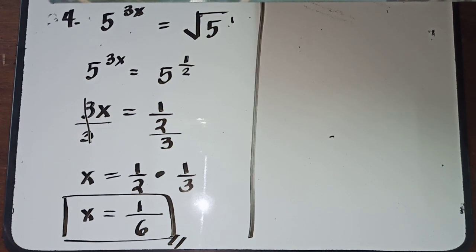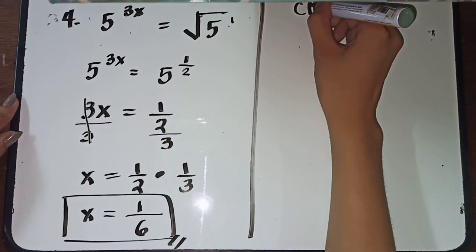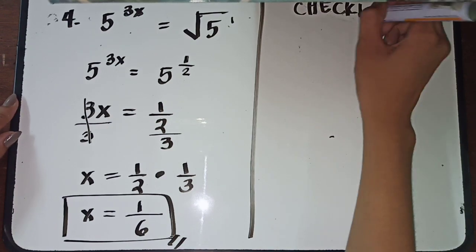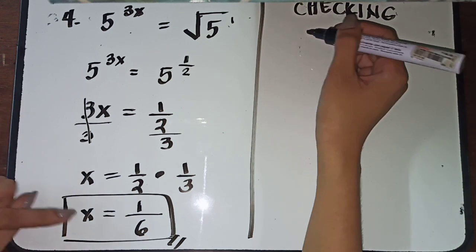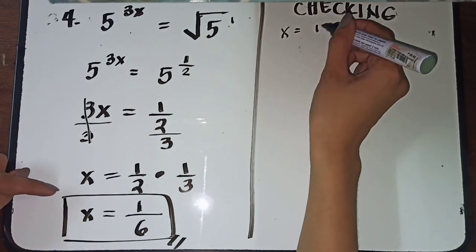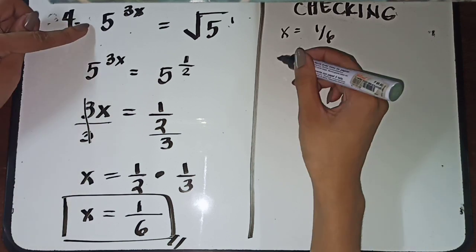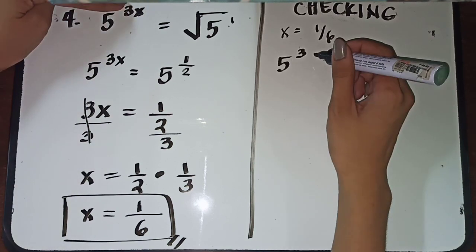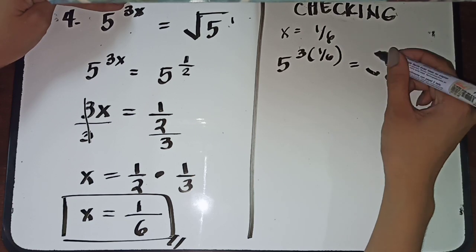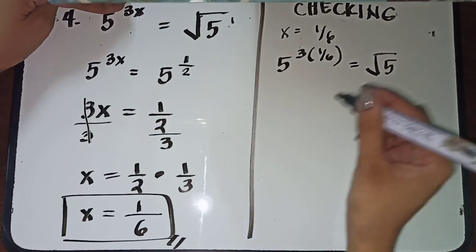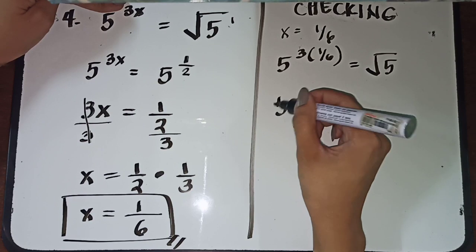Okay, so for the checking, just substitute the value of your x. So, x is equal to 1 over 6. So, we have 5 raised to 3 multiplied by 1 over 6 is equal to the square root of 5. Okay, so next. So, that is 5.